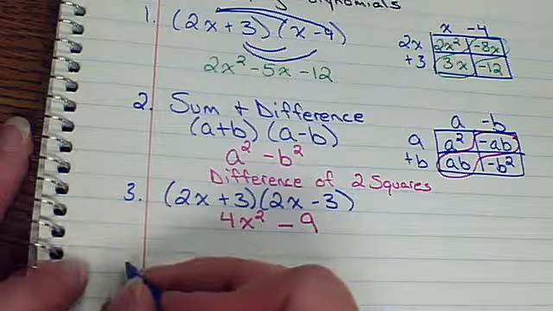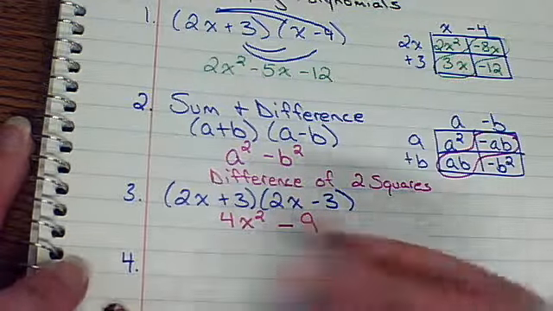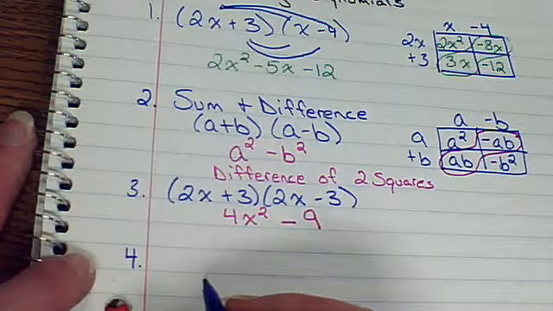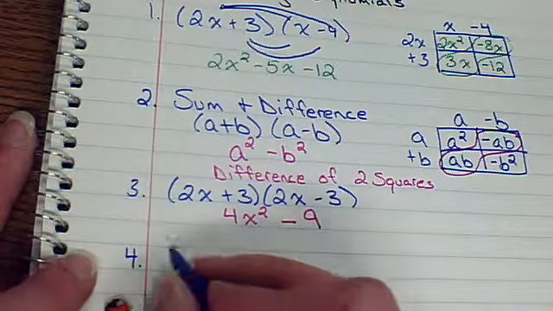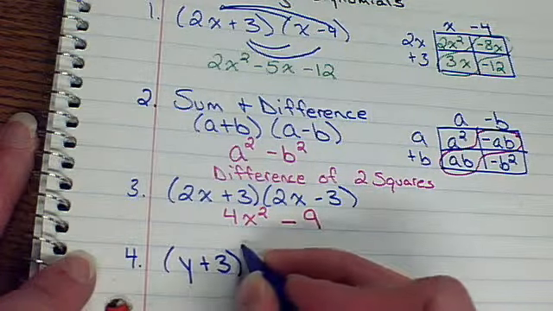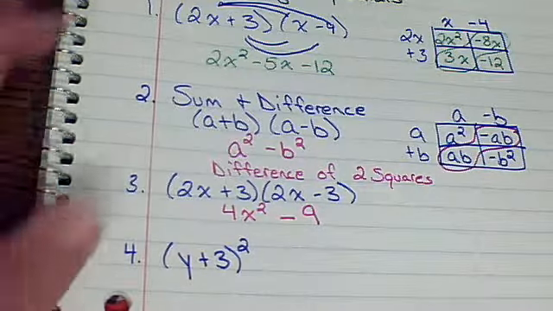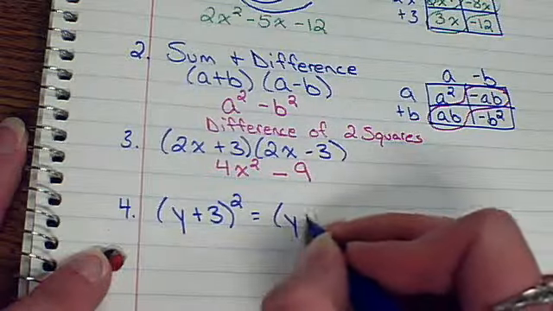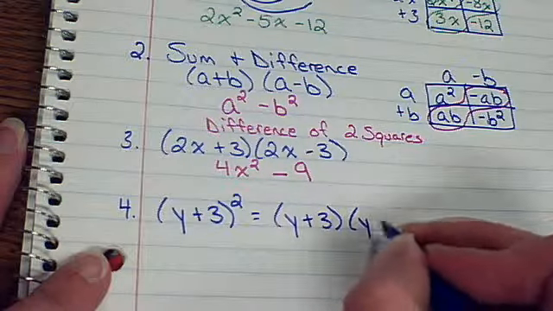Now another shortcut. What if we had, and actually this time I'm going to use the example first. I'm just going to keep mixing it up. Let's see if we can figure out the pattern here. y plus 3 squared. Now, when we square something, remember that means I'm going to multiply it by itself.